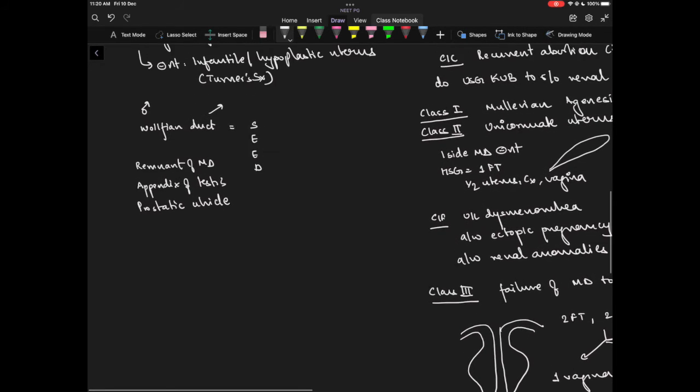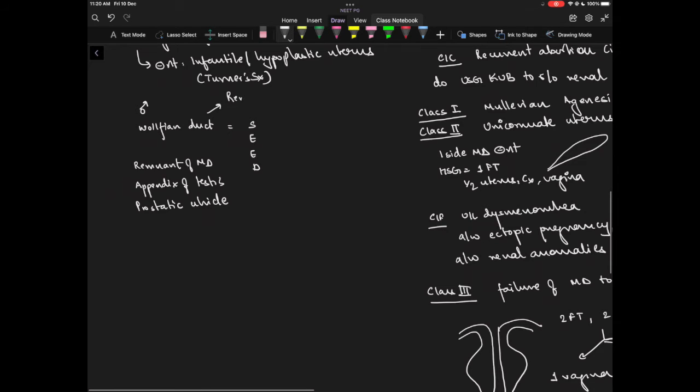Then the Wolffian duct remnants in females will be the epoophoron and the paraoophoron. Epoophoron is from the cranial tubule, paraoophoron from the caudal tubule, very important. And Gartner's duct, which is formed by the caudal mesonephric duct.